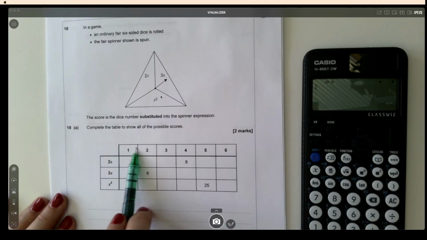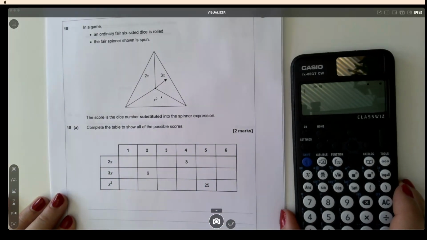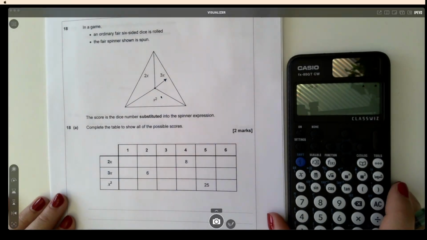So what we're doing is we're substituting these values into these expressions. So remember, we've got a calculator to make life a little bit easier.